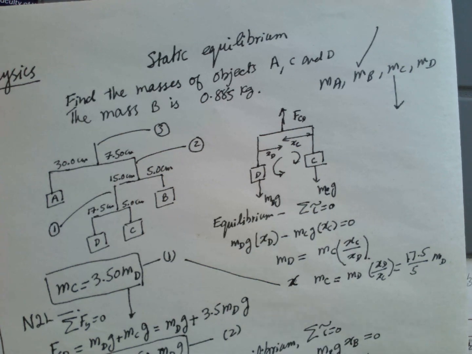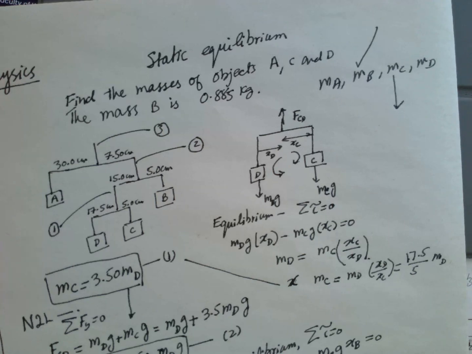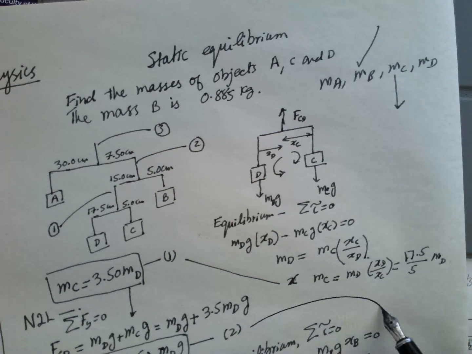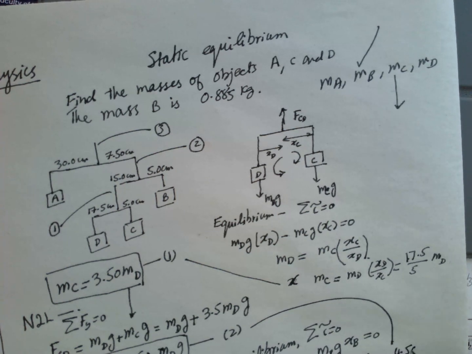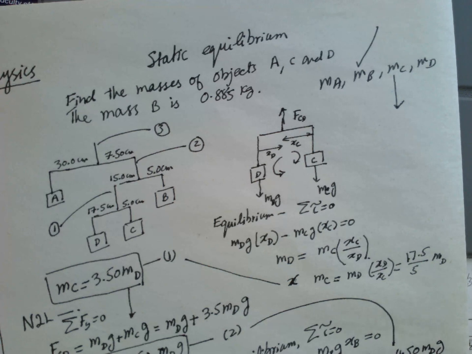So all information is here. MB is given, G is given, XB is given, XCD is given. So we can find FCD, and from this equation it is equal to 4.50 MDG.